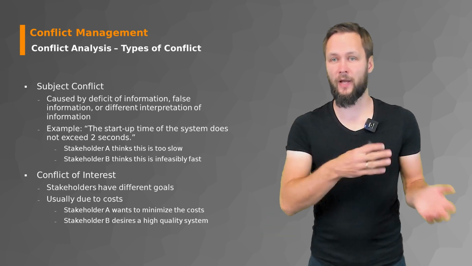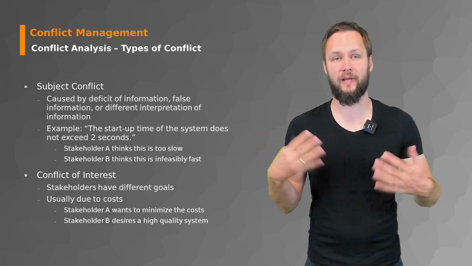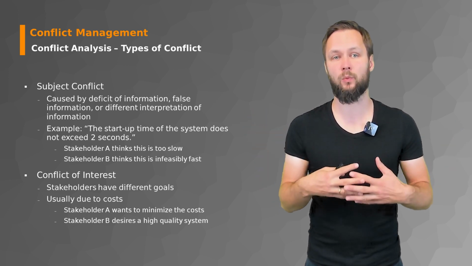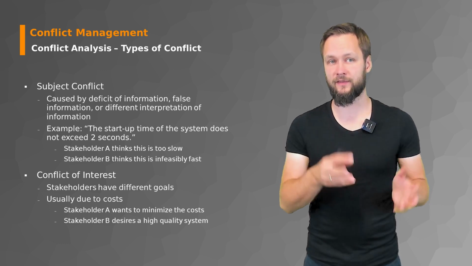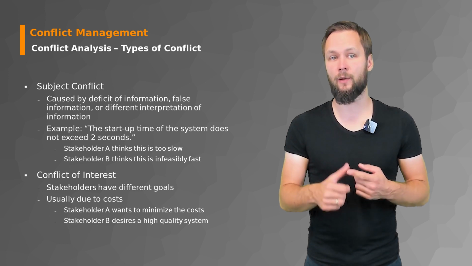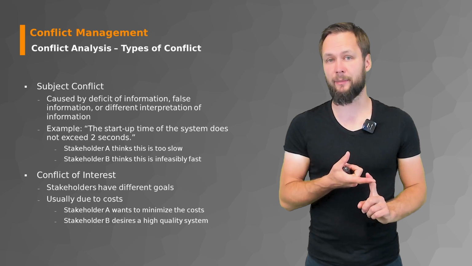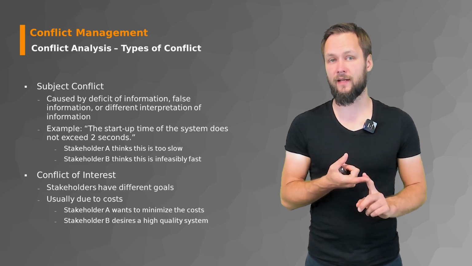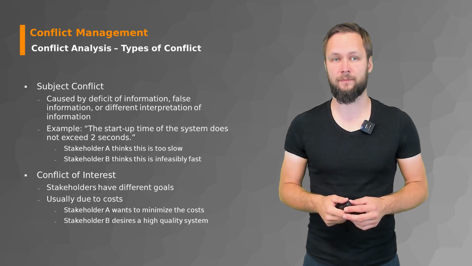So you have those contradicting viewpoints that both can cause problems while implementing the system, and you have to resolve that conflict. As a subject conflict, you have here a good example of a deficit of information. Why does it have to be less than 2 seconds? Why is it maybe infeasibly fast? You have to understand this and find a solution to that.